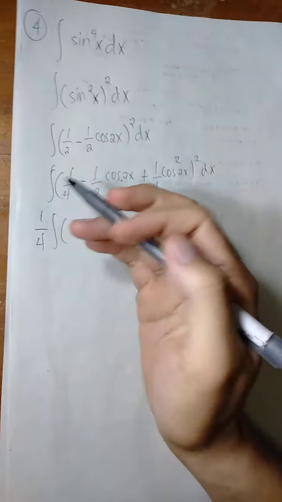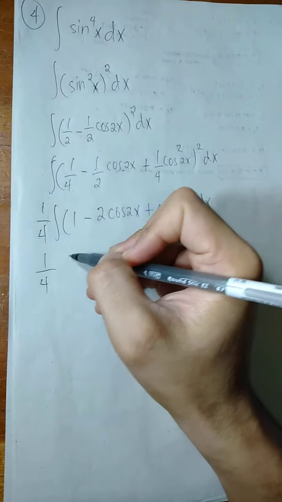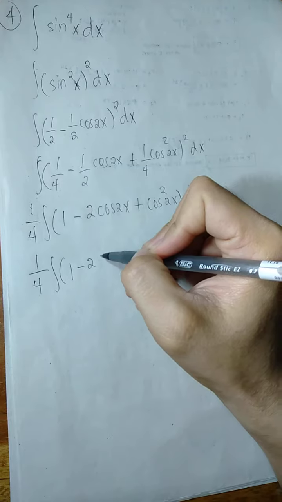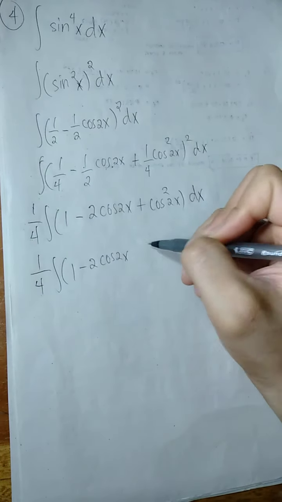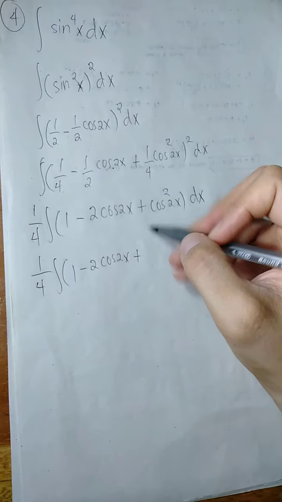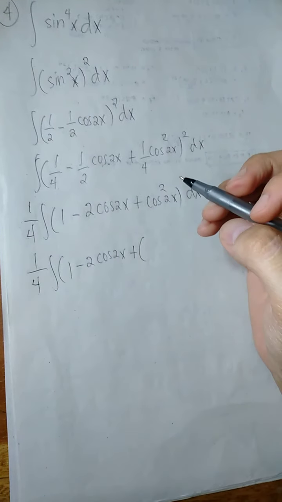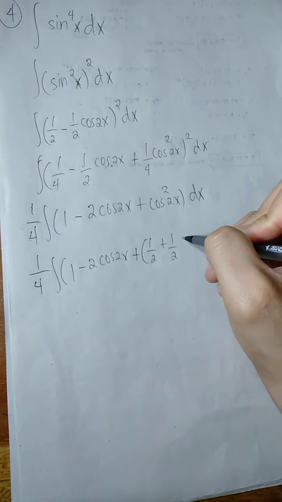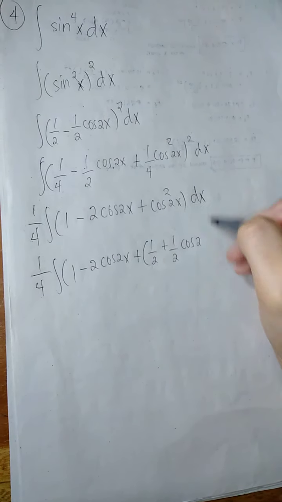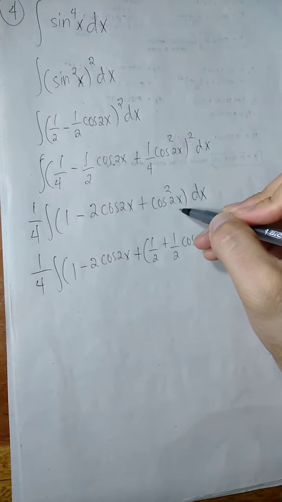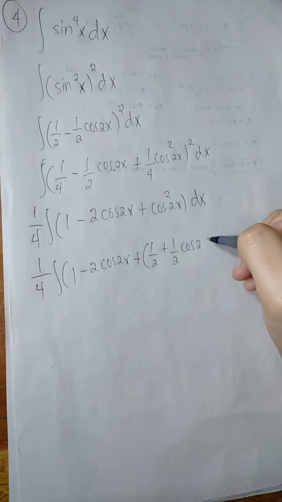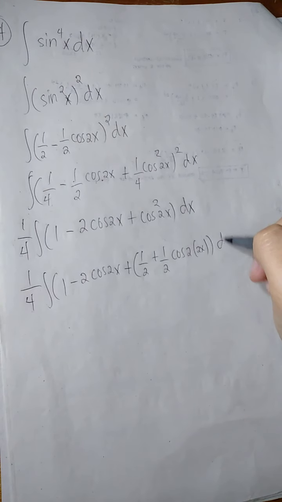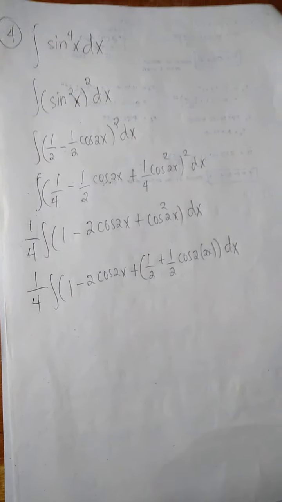So we replace natin. So magiging 1/4 integral of 1 minus 2 cosine 2x plus 1/2 plus 1/2 cosine 2, then yung u, papalitan natin ng 2x. Ayan. Then dx. Clear?